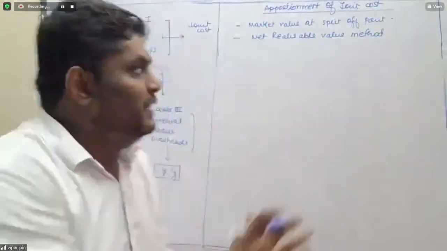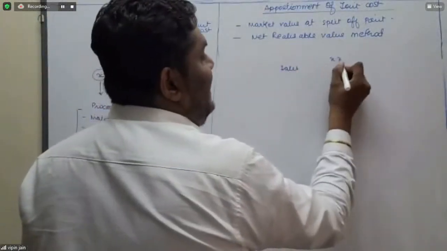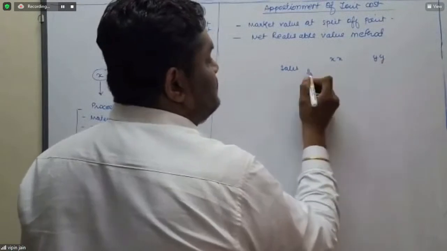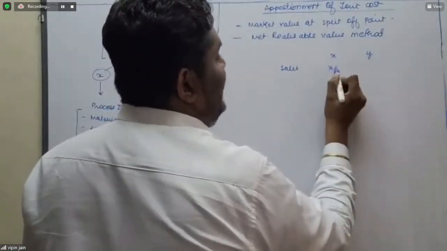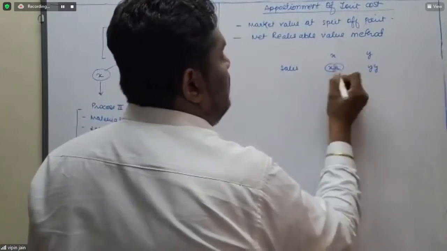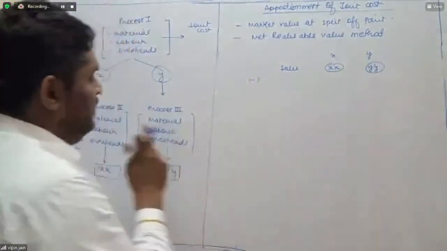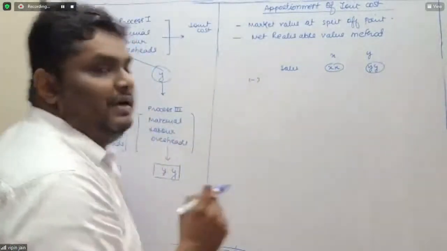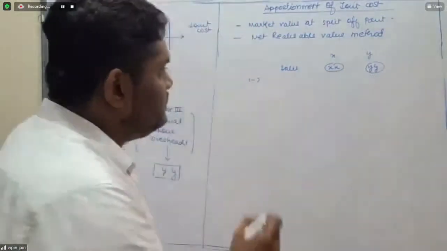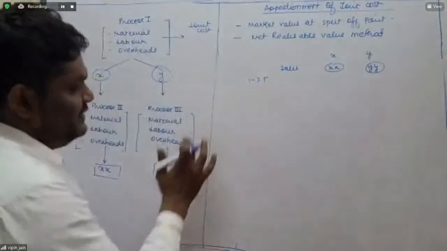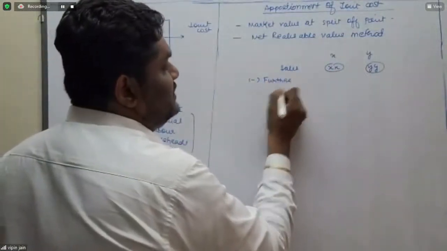So what we will do is, we'll take the sales price of double X and double Y. In this, we will reduce the cost that is incurred in process second and process third. That is what we call further processing cost.